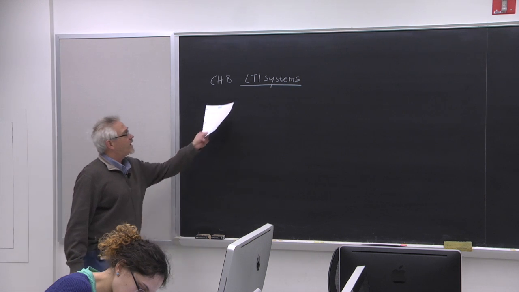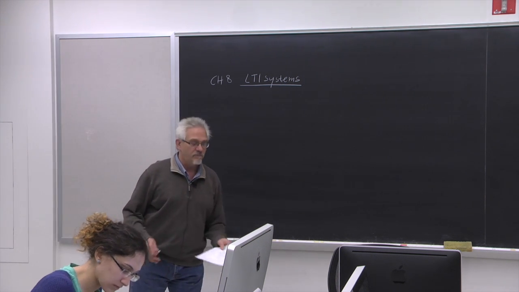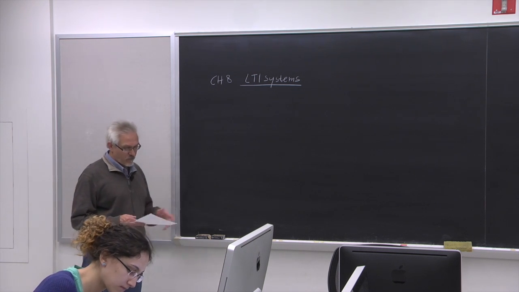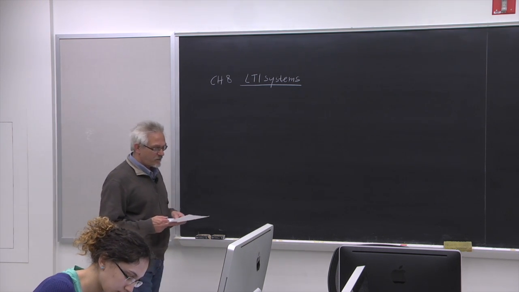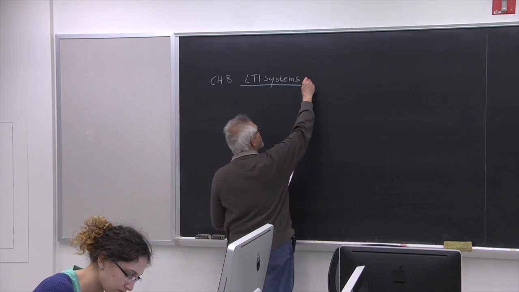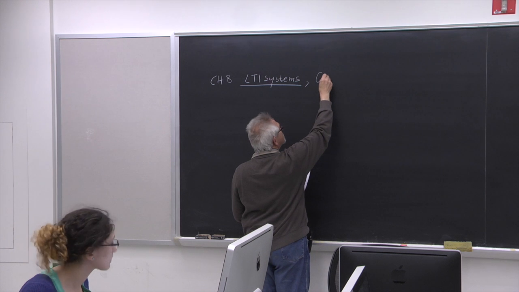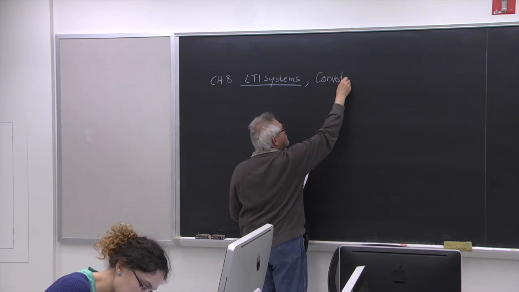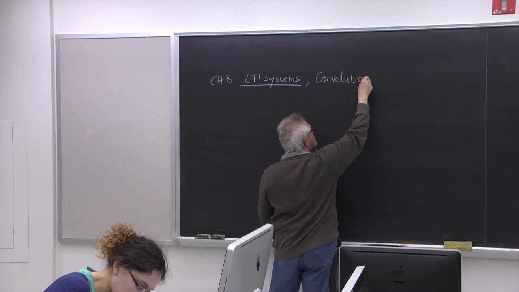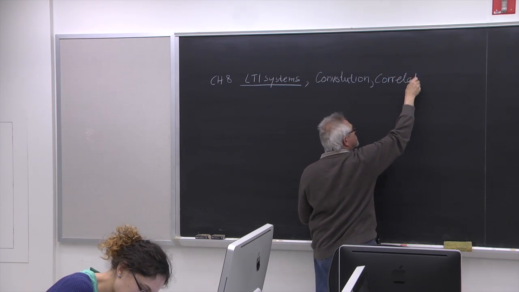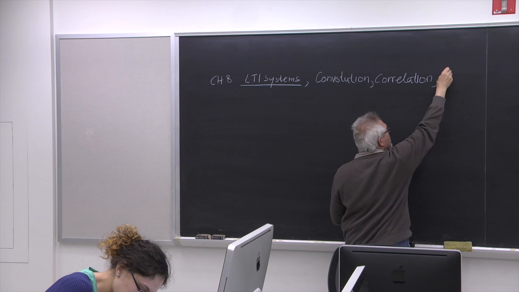LTI stands for linear time invariant systems, and we're going to talk a little bit more about what that actually means. And related analysis, which is convolution, correlation, and coherence.